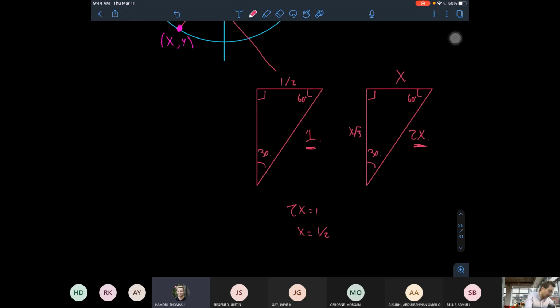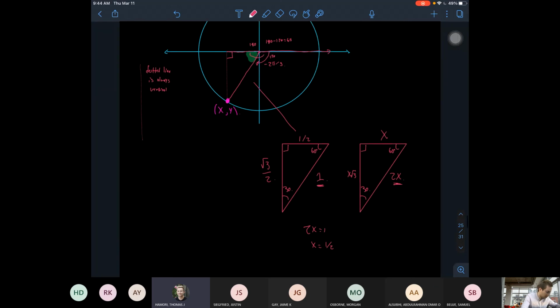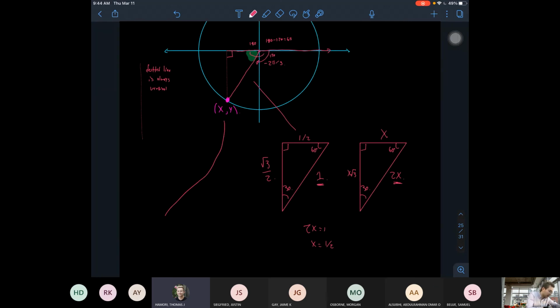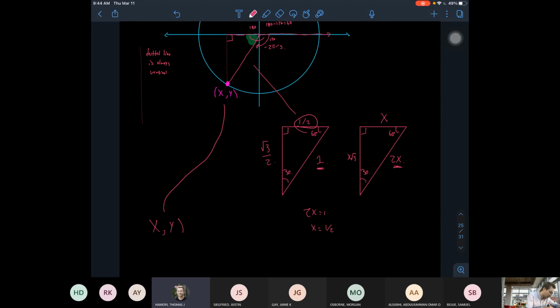We get 1/2 on this side, and we get square root 3/2 on this side. Okay, so I'm pretty much done. So I'm going to say this point here, x comma y. Well, the x coordinate should be how far left we go, right? So we get x comma y should be equal to 1/2 comma square root 3/2.